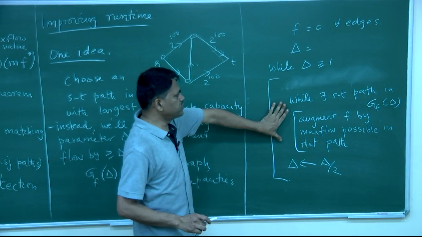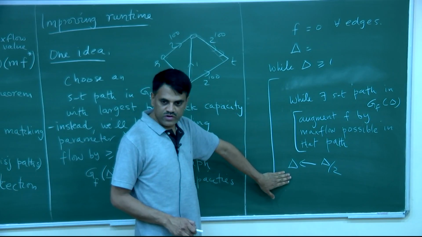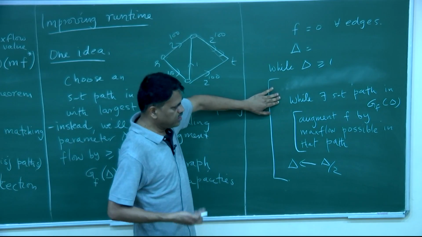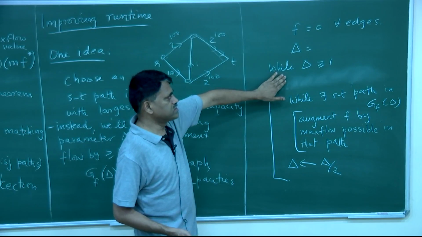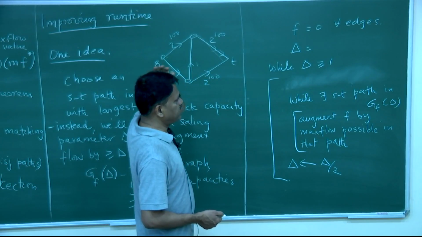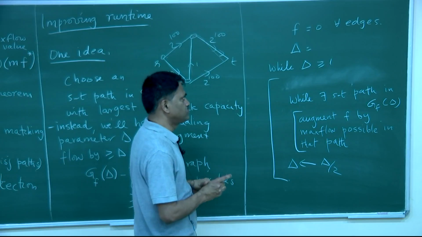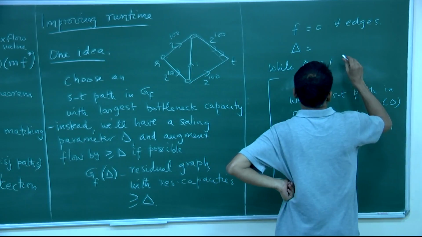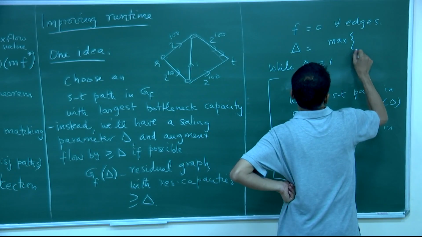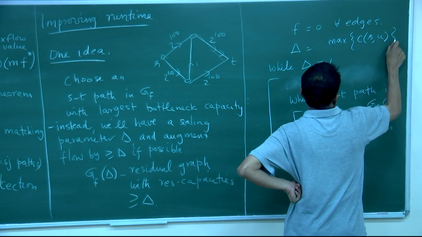So when you get out of this while loop, there is no ST path in GF delta. So I will reduce my delta and go back again here, construct a GF delta, find a path, and keep doing it as long as delta is greater than or equal to 1. So what is the initial value of delta I want? So we're going to do max of capacity of SU.